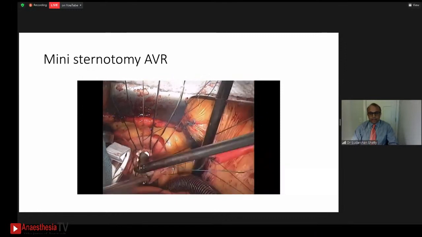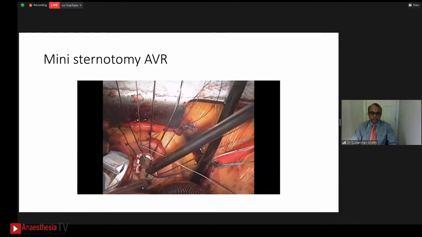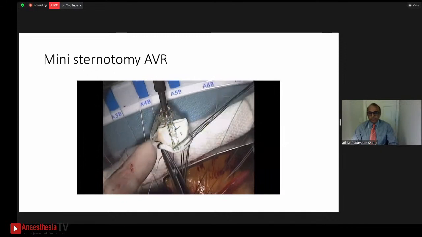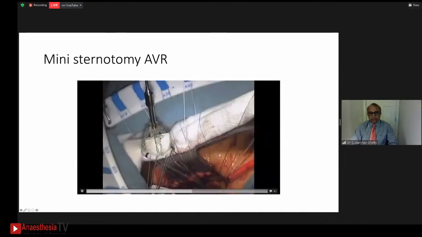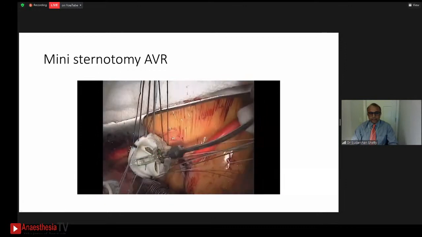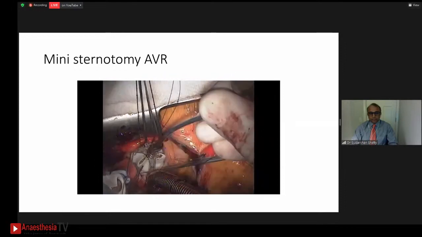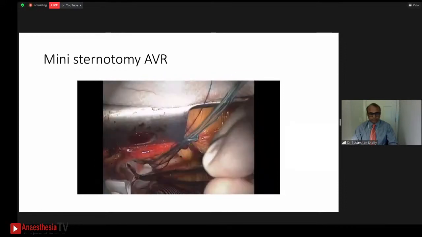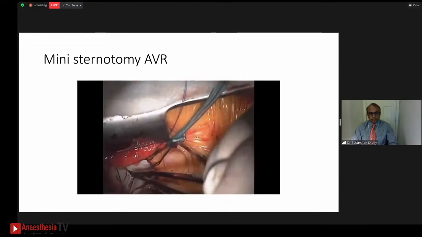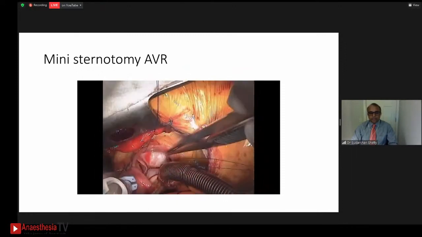Getting ready to place the bioprosthetic aortic valve. That's your bioprosthetic aortic valve with a sewing ring there. That's going to go in there next. Checking to make sure all the sutures are intact.